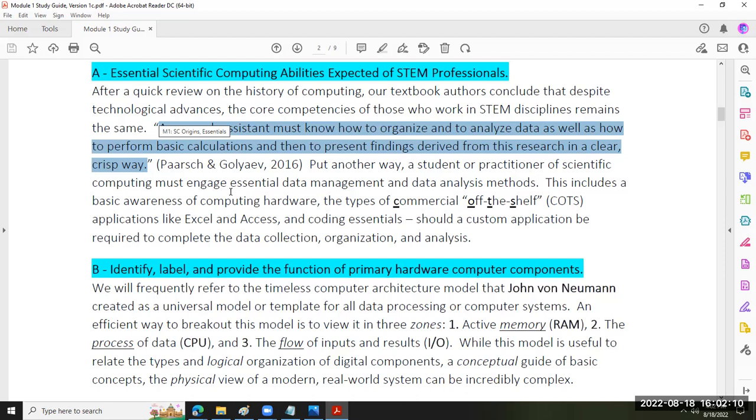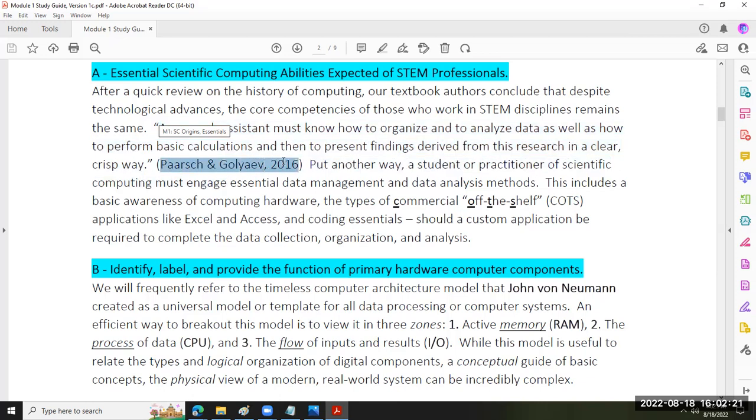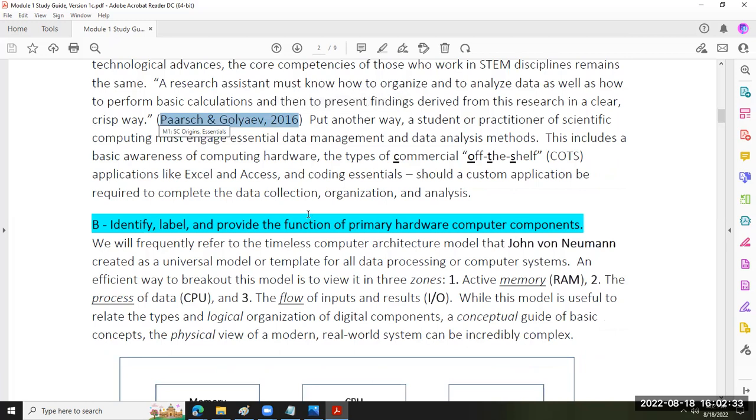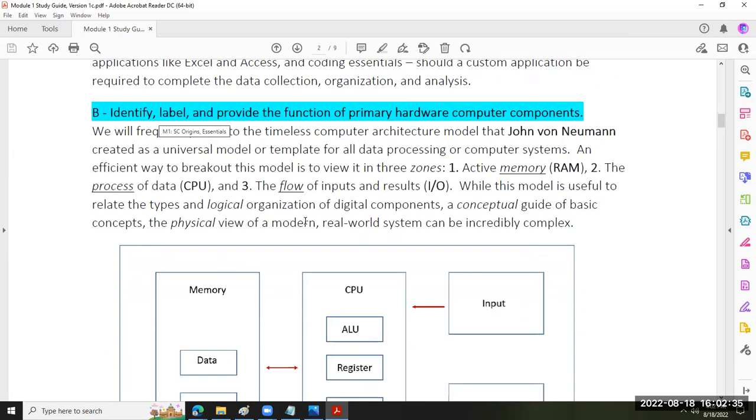So as you read, now I'm adding that from 25 years of experience in IT, I've had to work with healthcare and research scientists, and it's an interesting dynamic. And Parsh and Golyev are folk who have published through MIT, and their background is a research science lab. So they're a lot about the experimental method.